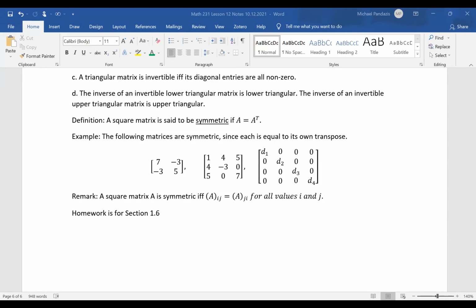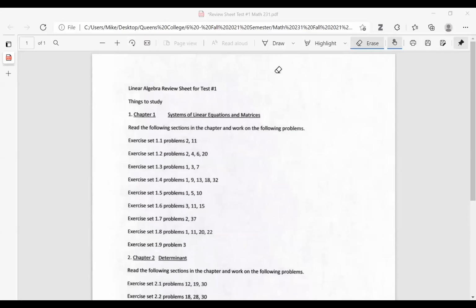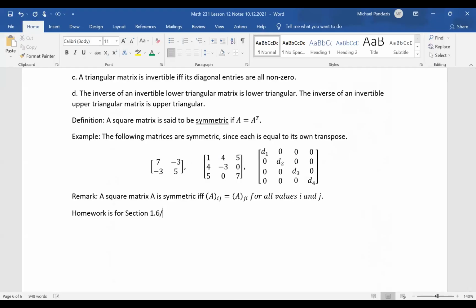The homework for next class is 1.6, problems 3, 11, and 15.